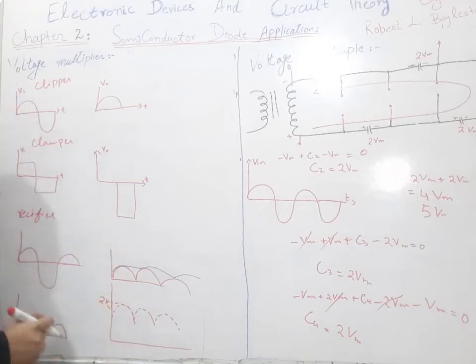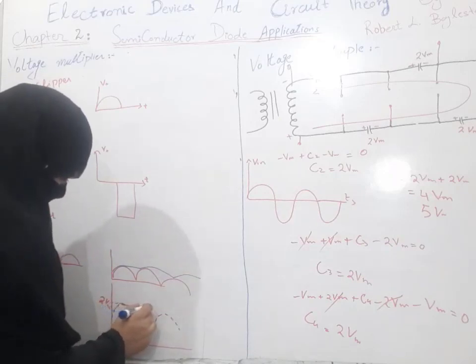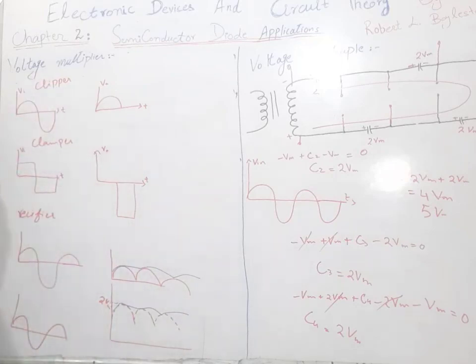So this is the output waveform of the voltage quadrupler. Okay, so this is the difference between the clippers, clampers, rectifiers and multiplier circuits.